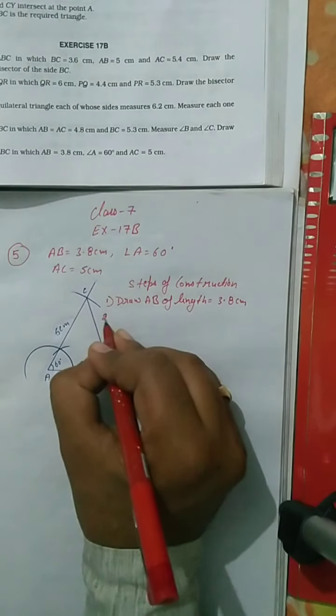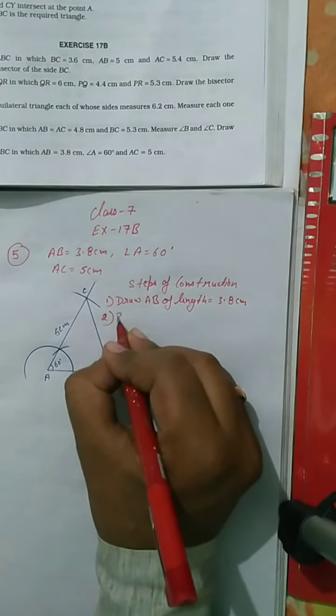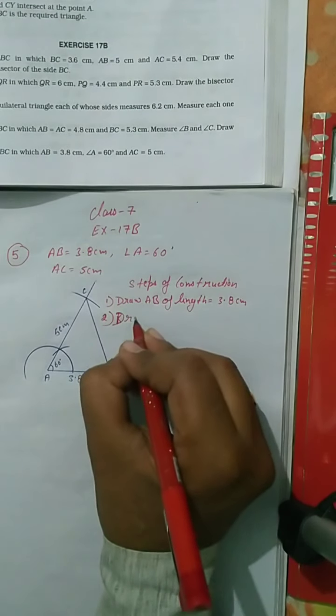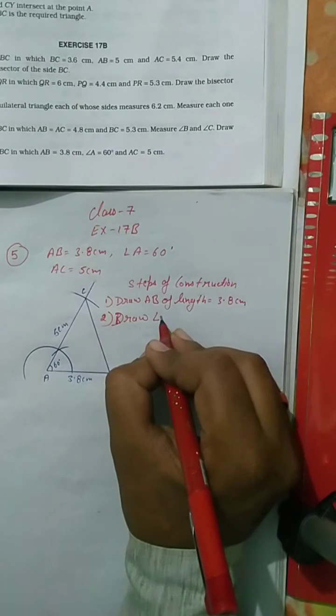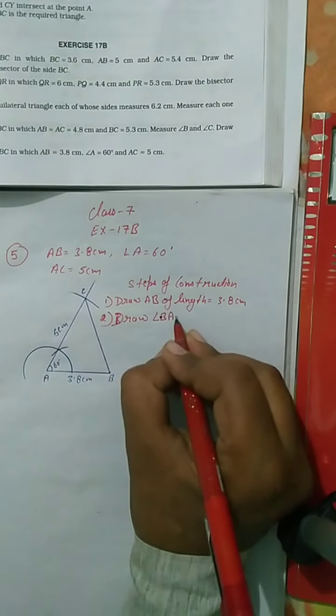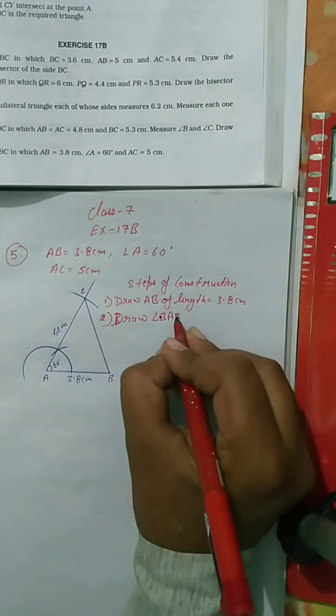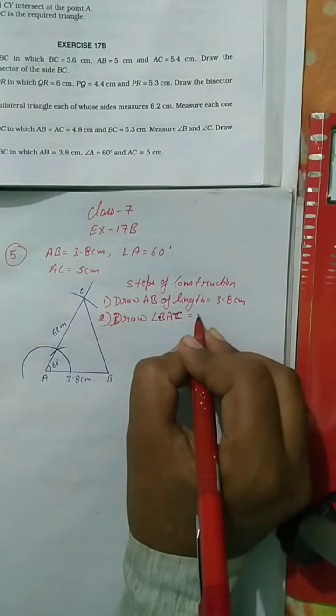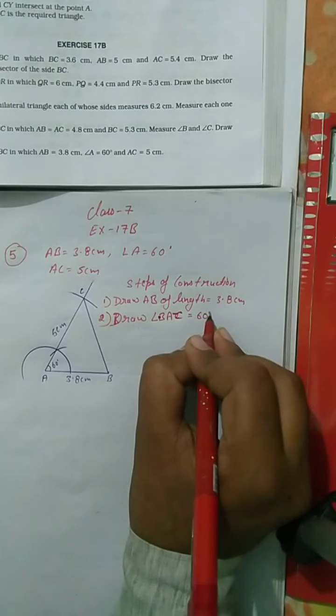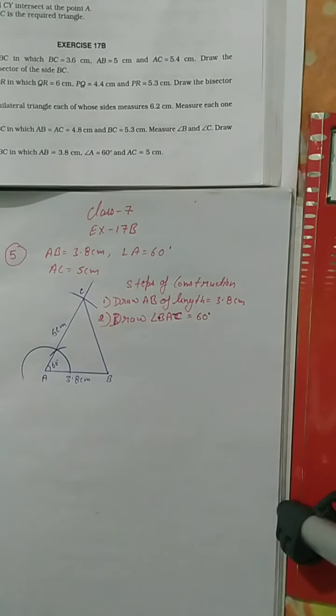After that, second, draw angle BAC. BAC equals 60 degree, right? हमने फिर क्या बनाया? 60 डिग्री का एंगल.